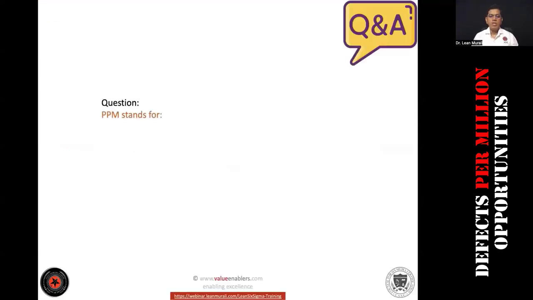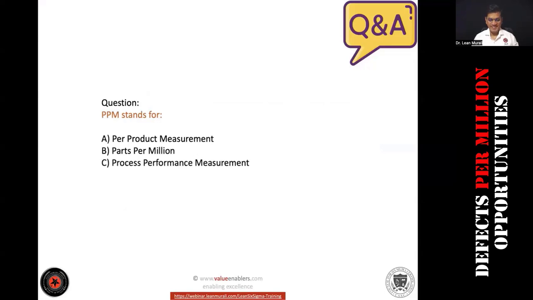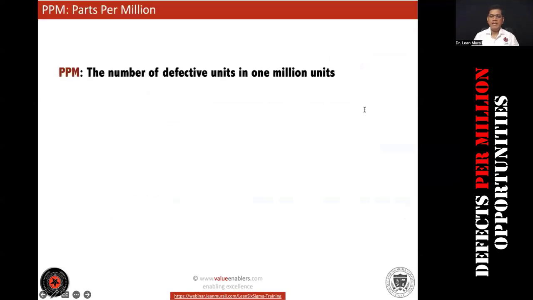All right. So PPM stands for, a very simple question, parts per million. This is a no-brainer. So parts per million is nothing but it's units; that's why DPU, defects per unit, is there.